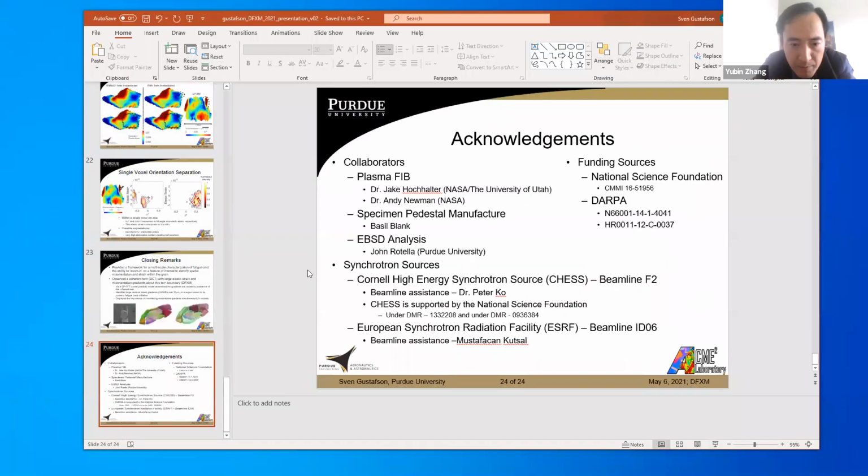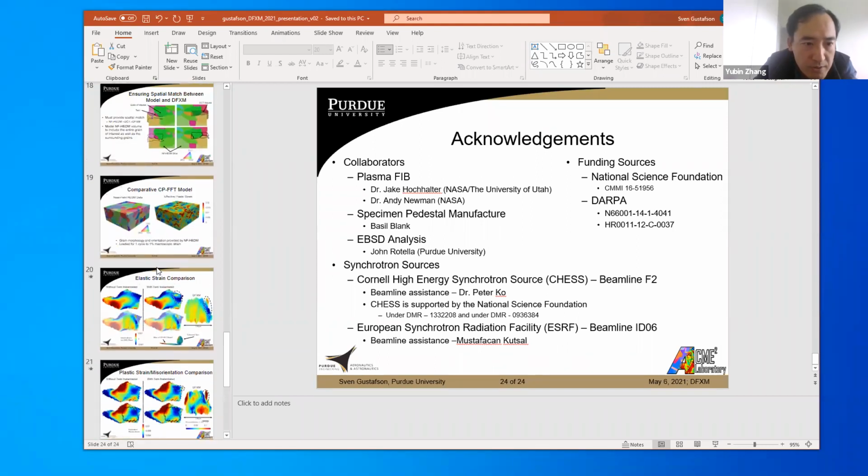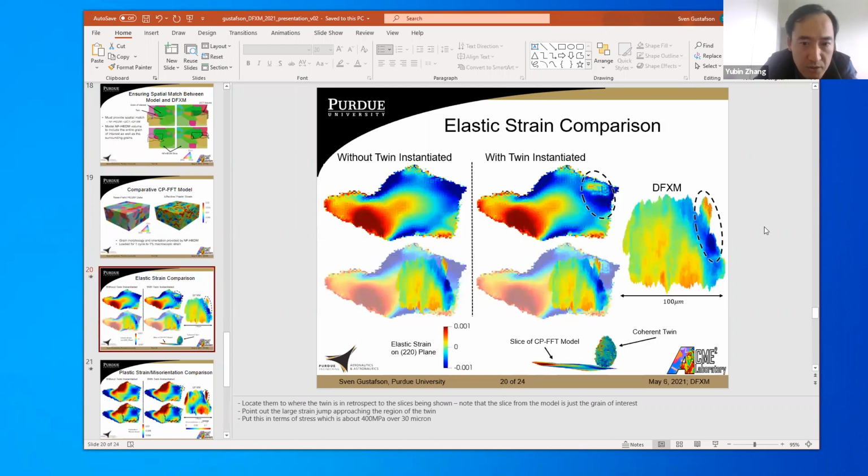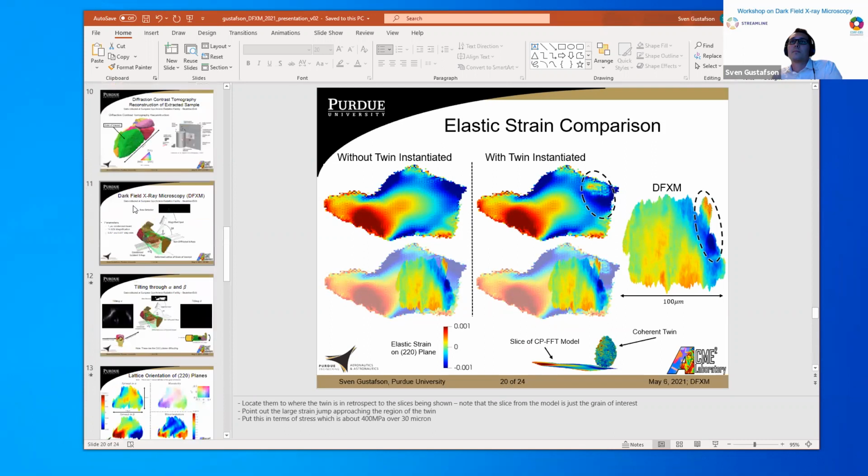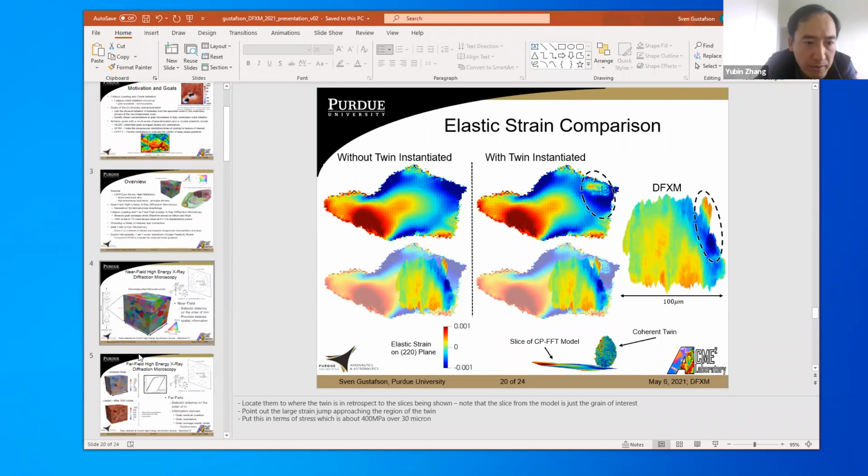Okay, thank you very much, Sven. That's a very nice work and a lot of interesting stuff. I had a question regarding your early slide about the residual stress in the starting condition before you load it. This is a pure nickel, right?